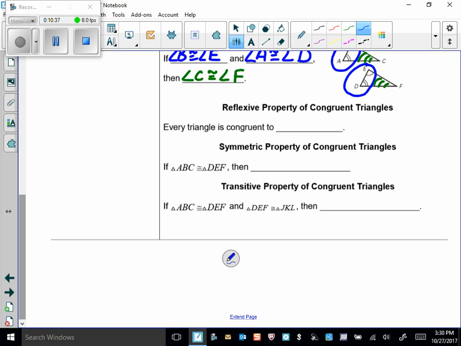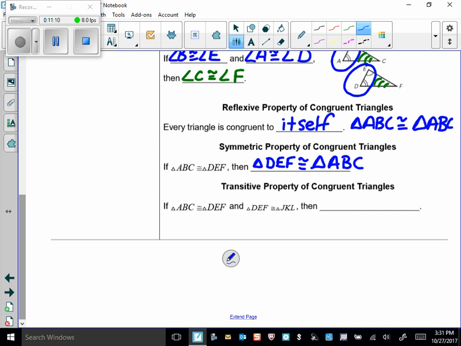Now, some of these properties that we learned about segments and angles also apply to congruent triangles. By the reflexive property of congruence, every triangle is congruent to itself. So, for instance, I could say triangle ABC is congruent to triangle ABC. The symmetric property says if triangle ABC is congruent to triangle DEF, then I can just switch them around and say triangle DEF is congruent to triangle ABC.